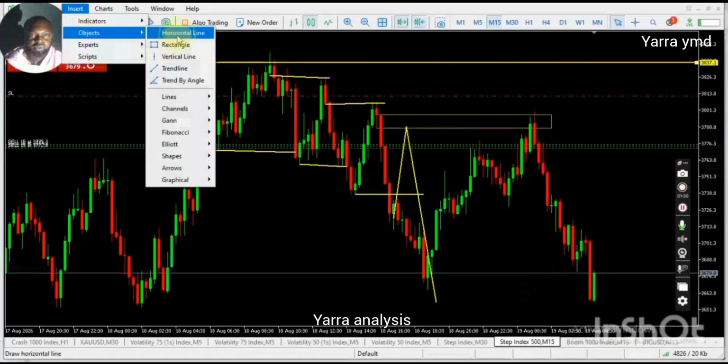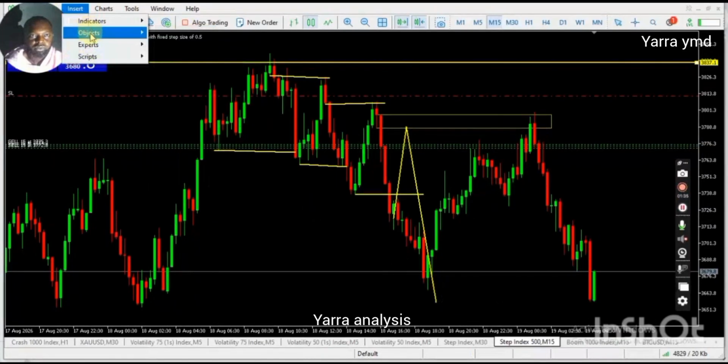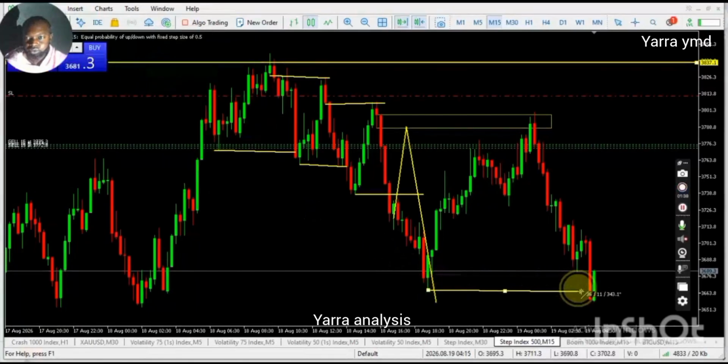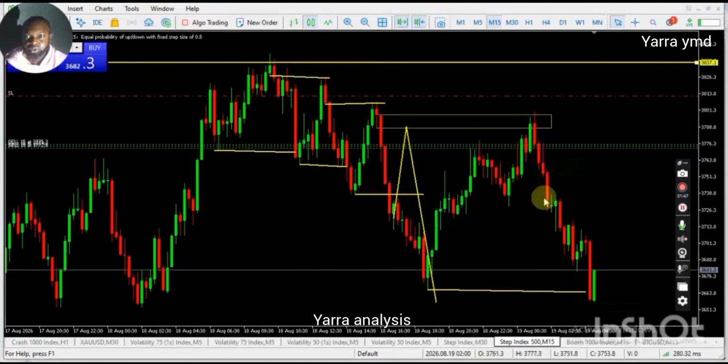If we take this very low, I'm expecting the market to retrace back to the magnet zone. The market has even closed below that low, so we are still bearish. I'm not expecting a bullish trend, so the market will still go down.